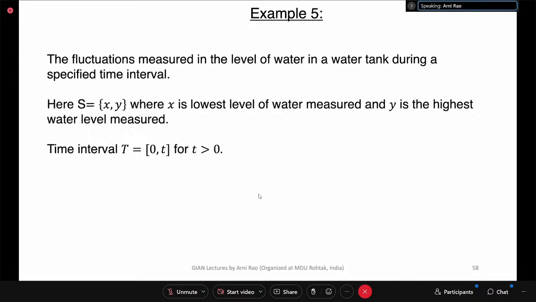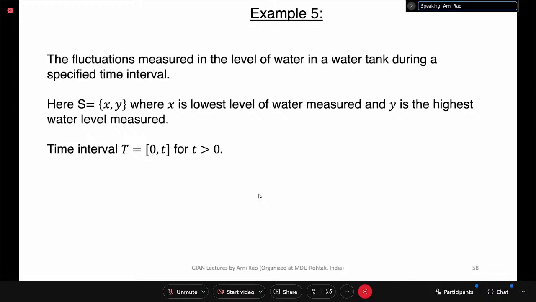So far, that means 4 types of models are there. This is important, a quick summary: 4 types of models, examples we saw. The stochastic models could be discrete time, discrete space; discrete time, continuous space; continuous time, discrete space; and continuous time, continuous space.